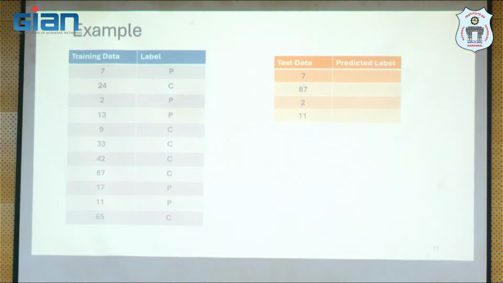Now, one key aspect I want you to be aware of is that in machine learning models, we do not want the model to memorize and come up with conclusions. What I'm trying to say is, if the table is given on the left hand side, and I have some memory ability, I say that if data is 7, label should be P. If data is 24, label should be C.